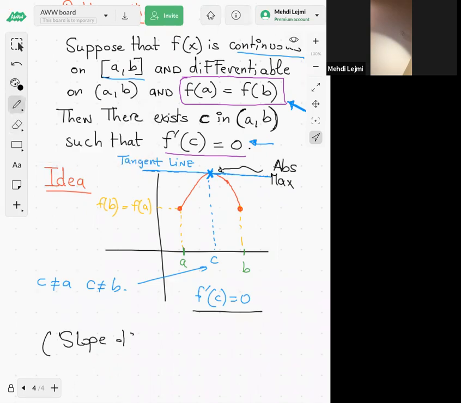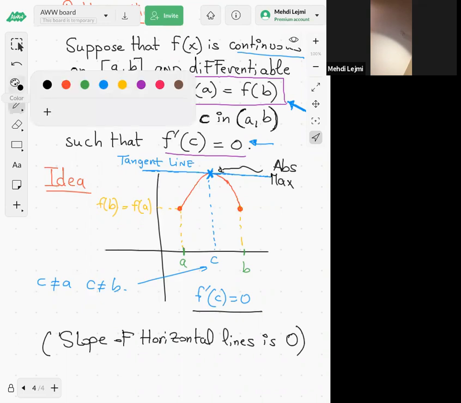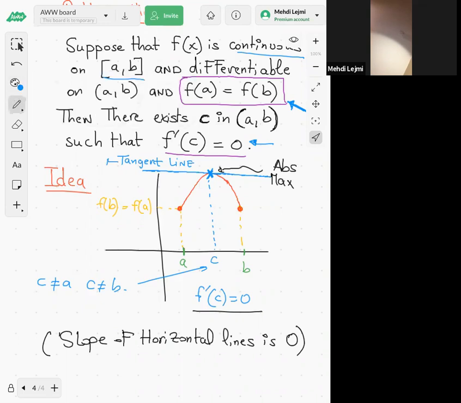So that's why your f prime of c here is 0, because your tangent line is just a horizontal line. Its slope is actually 0, which is f prime of c, equal to 0.